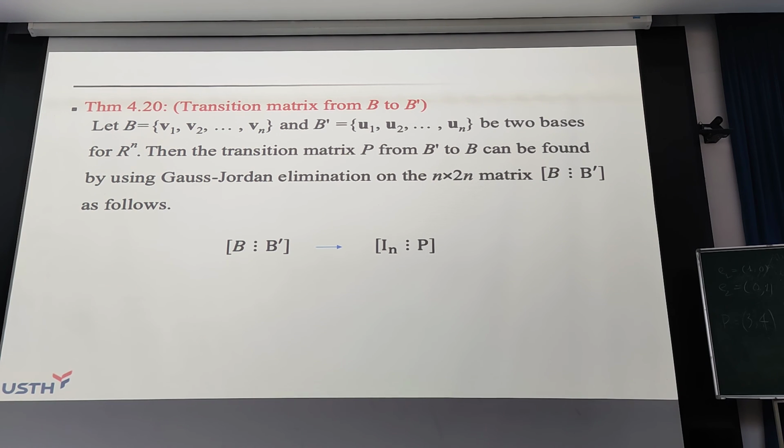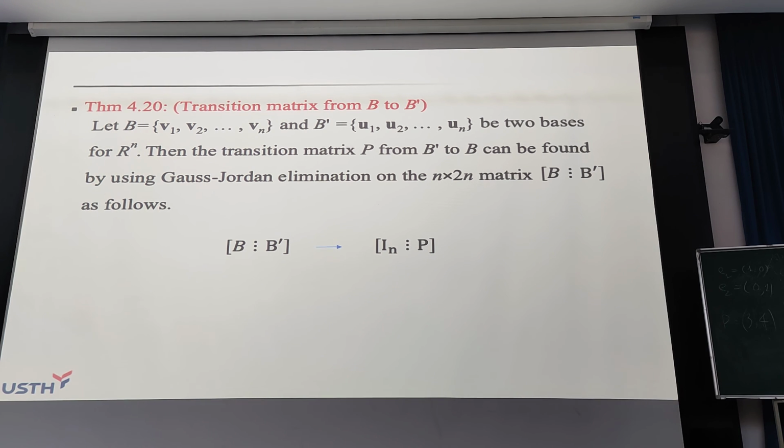Then you get an n by 2n matrix. B means I write it in the columns, and B prime also in the columns. So B will be an n by n matrix and B prime also an n by n matrix. Now we put them side by side to get an n by 2n matrix.